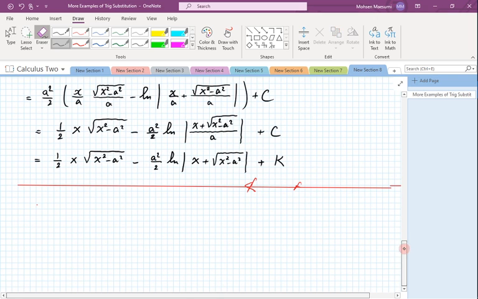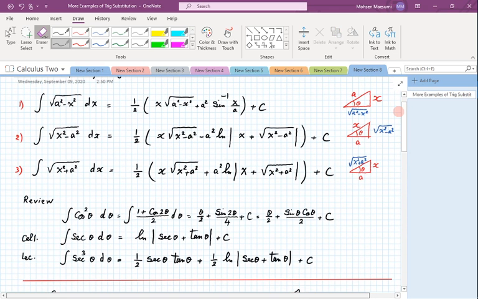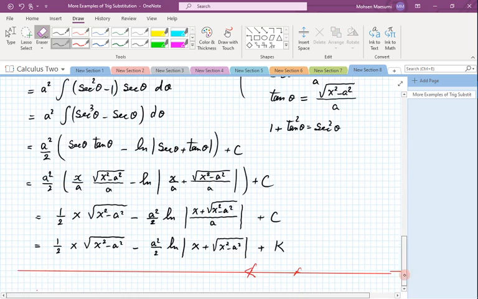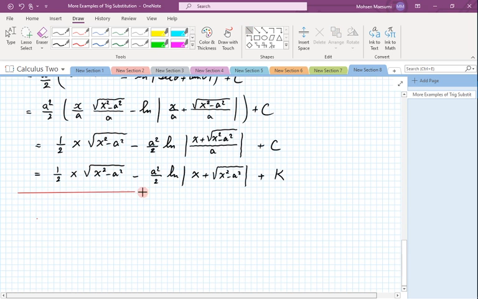In the third lecture, the third formula we have is very similar to the last one, radical x squared plus a squared. We're going to use this formula, so radical, let's see if I have better luck this time, hopefully.